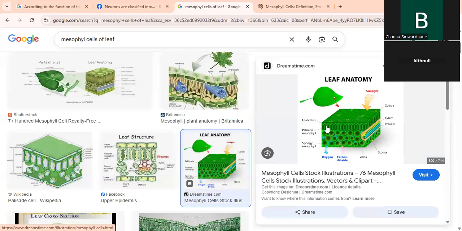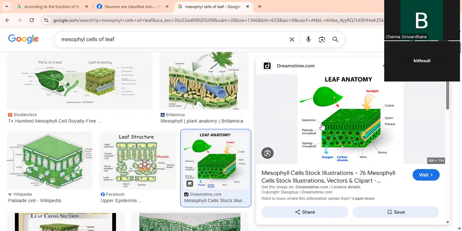There are palisade mesophyll cells and the spongy mesophyll cells. So what is entering these mesophyll cells, to contribute to the photosynthesis.